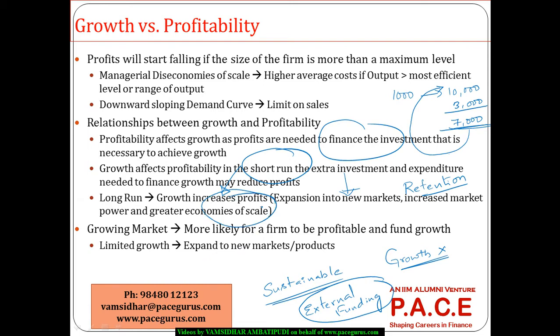So we have to really look at these two words: the higher profitability in a particular year, I really need to see whether this profit that the company has generated is being paid out in the form of dividend, or is being retained, which is contributing to the growth of the firm.